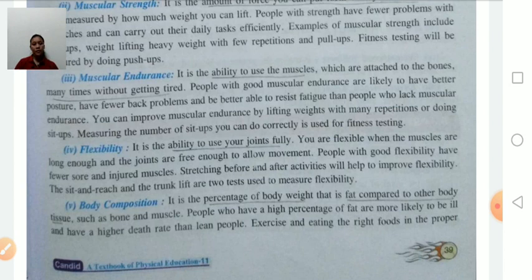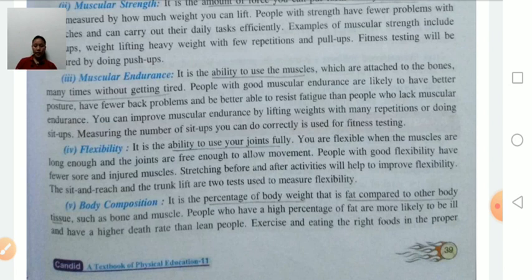People with a high percentage of fat are more likely to be ill and have a higher death rate than others. Doing proper exercise and eating the right food in a proper amount can improve your body composition.